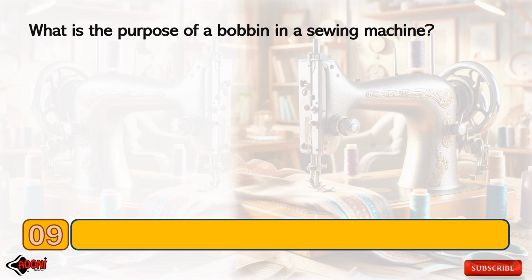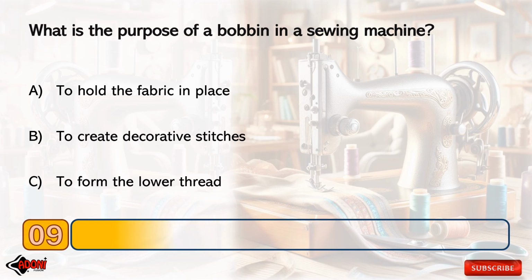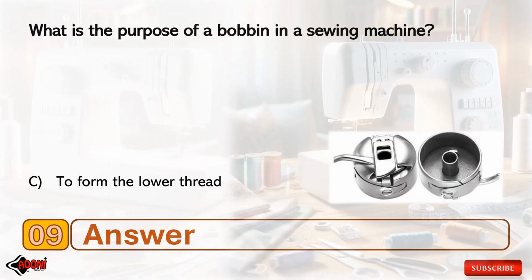What is the purpose of a bobbin in a sewing machine? To hold the fabric in place? To create decorative stitches? To form the lower thread? The answer is to form the lower thread.